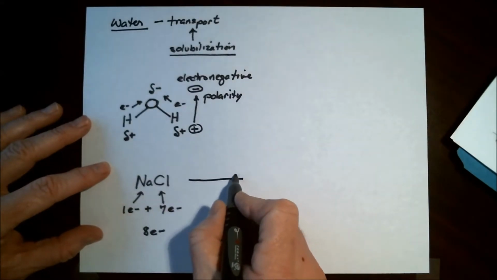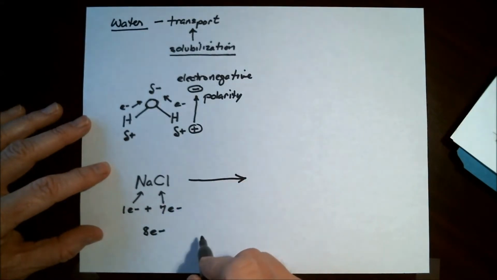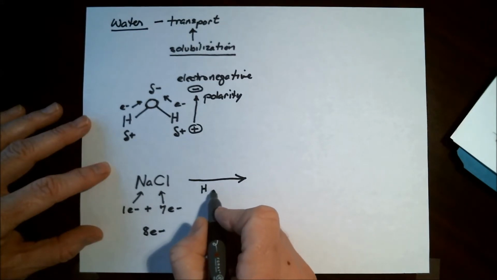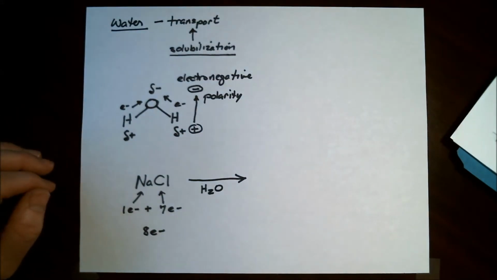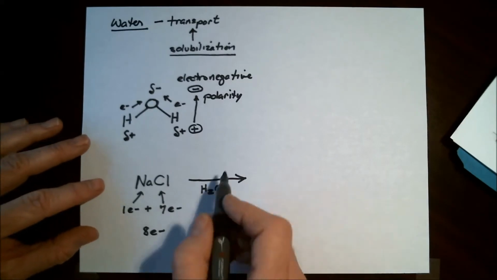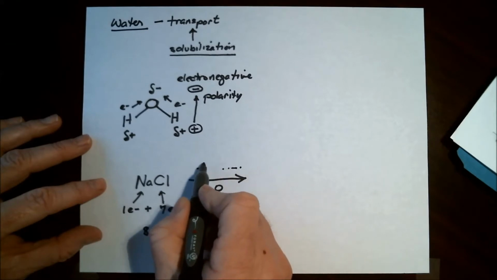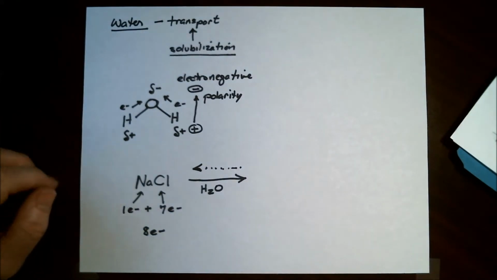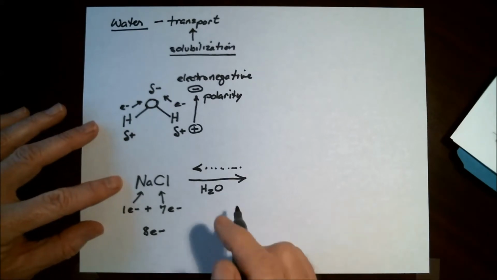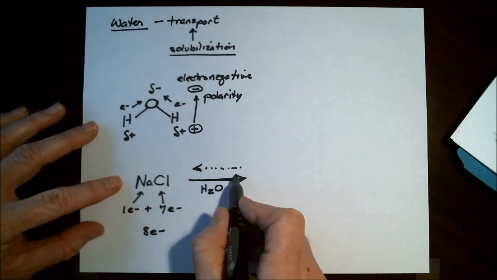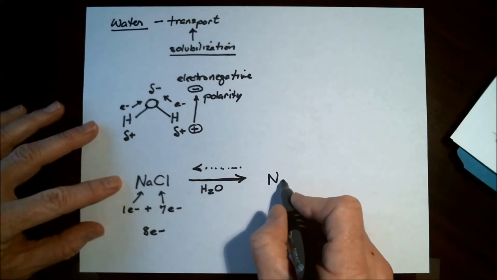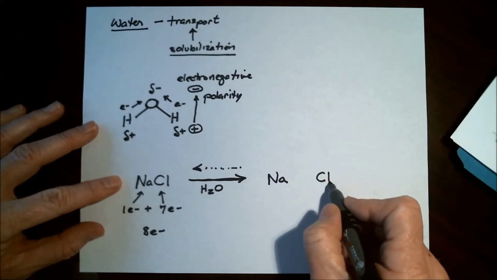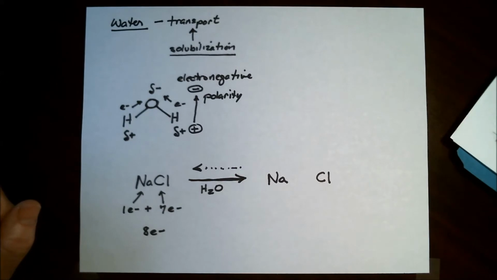Now, we know that when we take sodium chloride and put it into solution, by dissolving the sodium chloride in water, this is a very, very rapid response. Of course, as chemistry shows us, this is reversible. However, the free energy change is going to be much greater in the direction of dissociating the two, sodium and chloride.